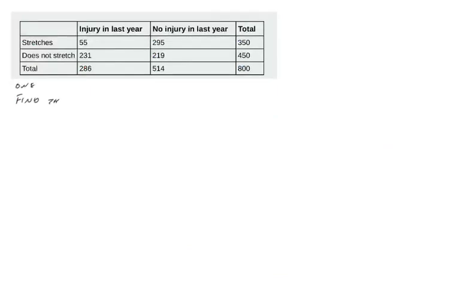So here is some more data here. We're going to do the same thing and select one person at random. And we're going to want to find a couple of these probabilities here. So find the probability that they stretch.